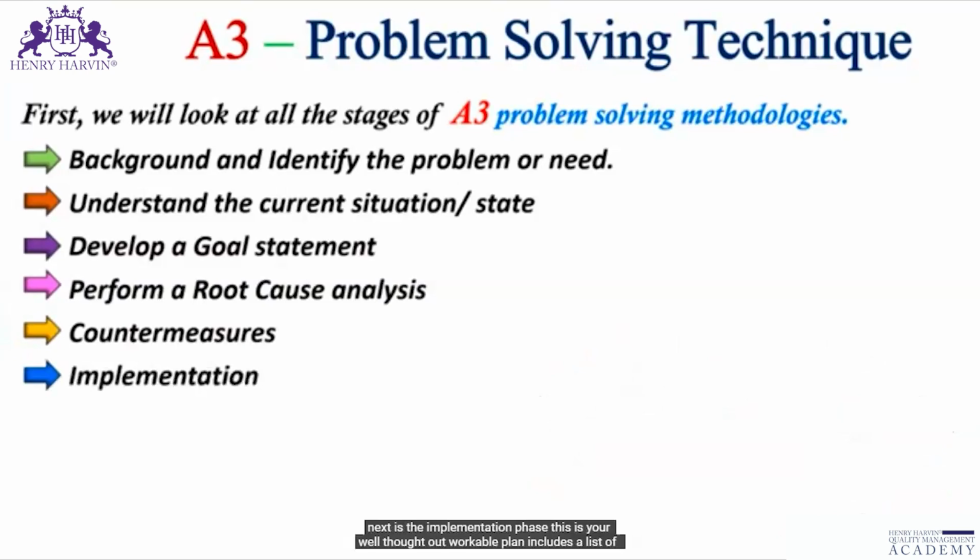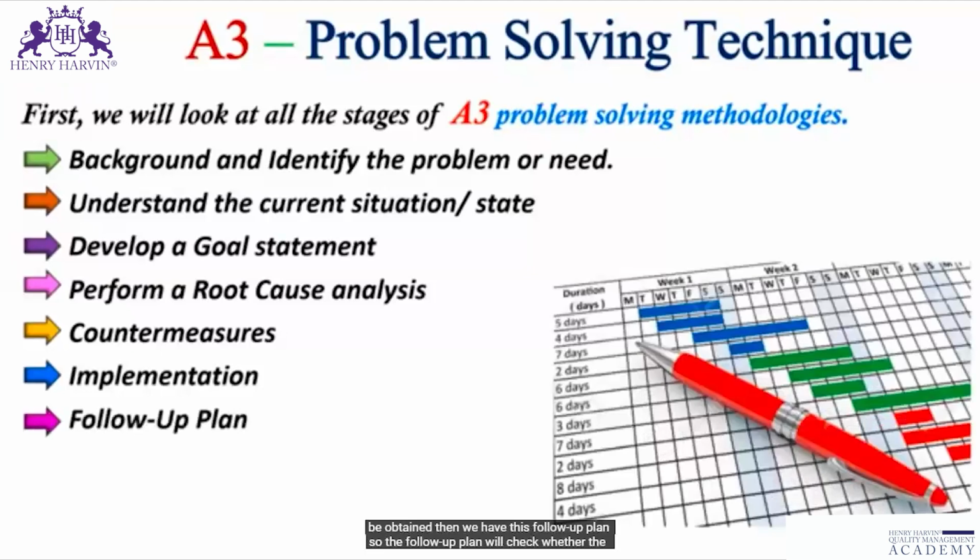This is your well thought out workable plan. It includes a list of actions that need to be done so that the countermeasures can take place and improvement can be obtained. Then we have this follow-up plan. The follow-up plan will check whether the changes and the adjustments will actually yield the best results or not. So this is to make sure that the target goal was met.